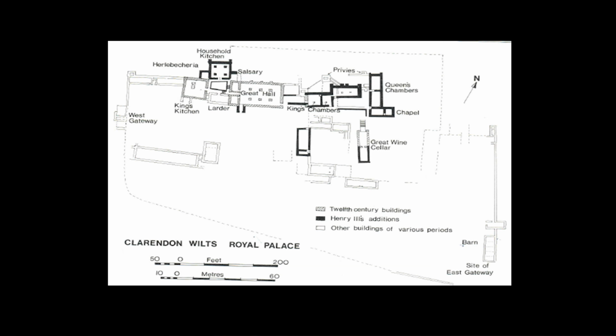So this is the plan of Clarendon you see here, with, as I said before, the great hall in the centre. These rooms here are the king's chambers. There are some rooms here for the queen. Here's the chapel, the wine cellar. This is a slightly perhaps more sophisticated version of what the Saxon kings themselves were living in.